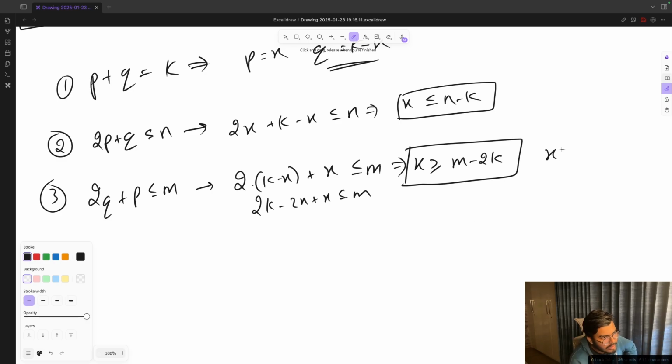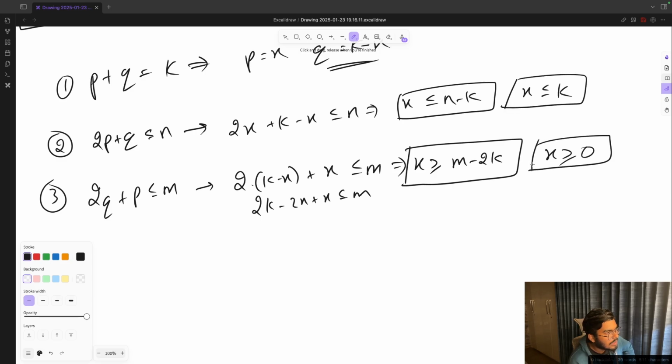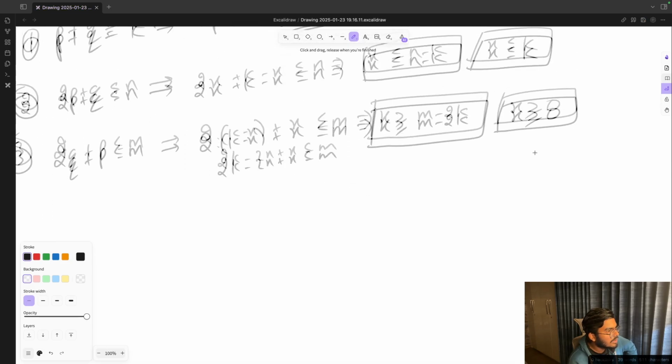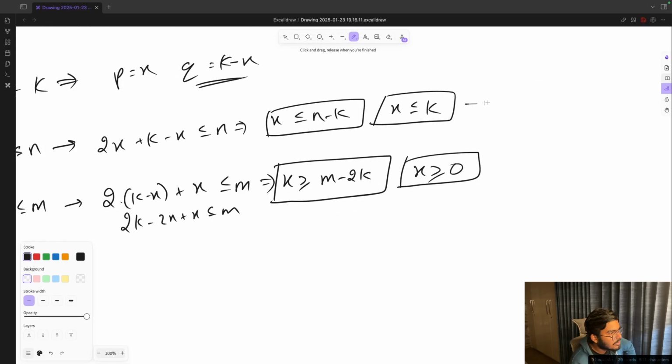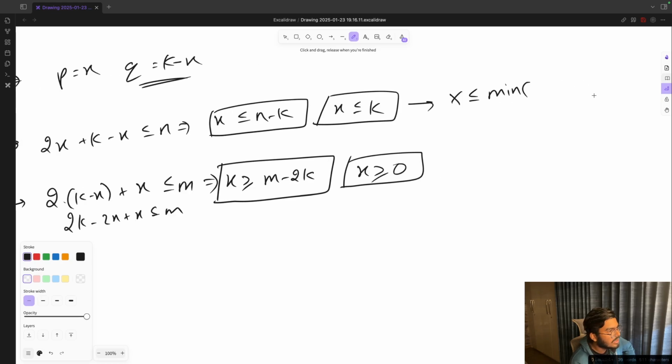So let's have one more condition, that x is greater than or equal to 0, and obviously x must be less than or equal to k. I can't go more than k operations, right? Yeah, so like that. And now from these equations, what do we have? We can combine these equations: x is less than or equal to n minus k, and x is less than or equal to k, so x is actually less than or equal to the minimum of these two things, k and n minus k.